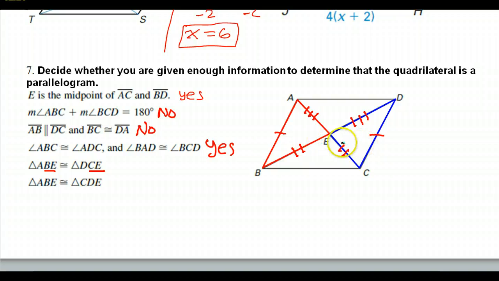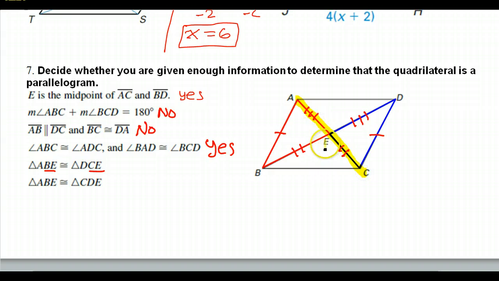We don't have any parallel lines, so we can't use the one about the same pair of sides being both congruent and parallel. So that leaves the one about diagonals bisecting. Now if we look very carefully, these diagonals are not necessarily bisecting, because, for example, AC is a diagonal.